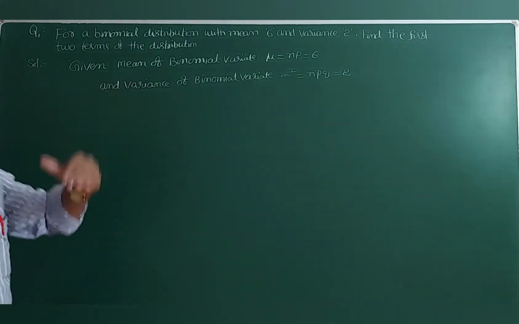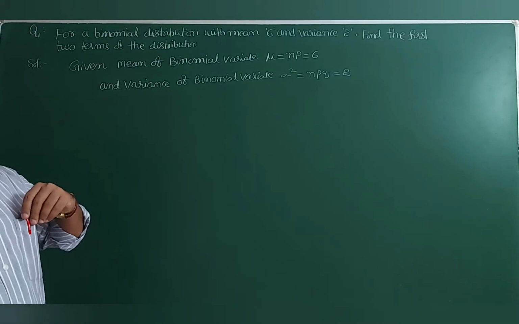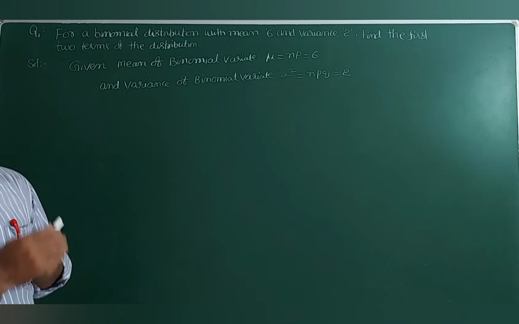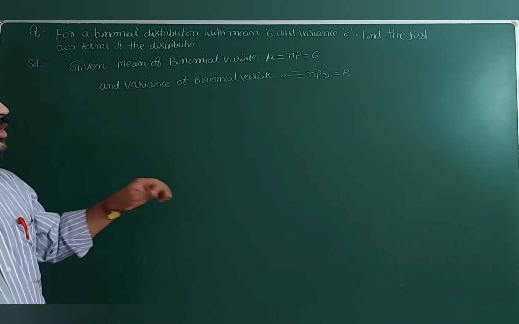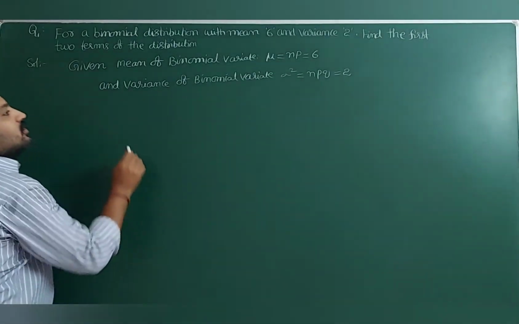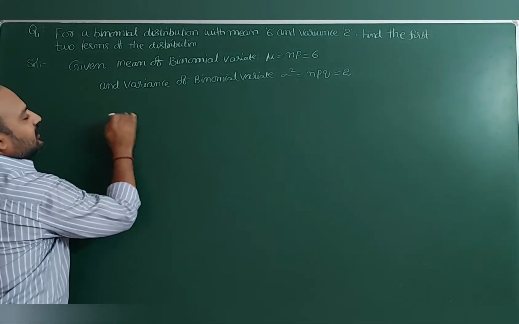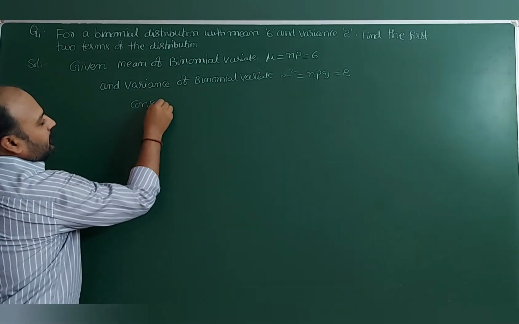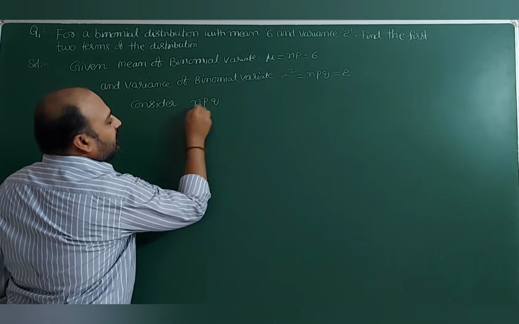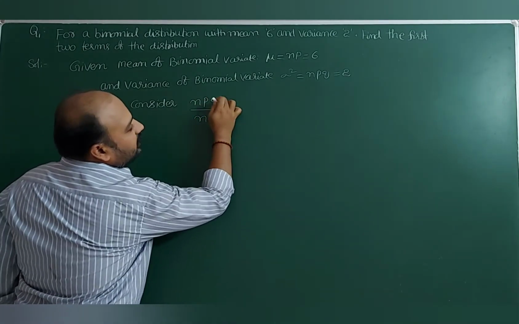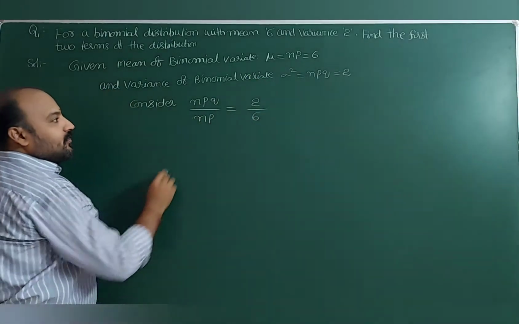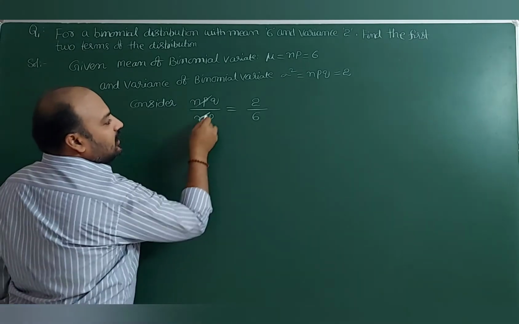From this result, we need to calculate the value of n, the number of times the experiment is conducted. So np is equal to 6, npq is equal to 2. From that, consider npq divided by np. The npq value is 2, by np value 6. np gets cancelled.